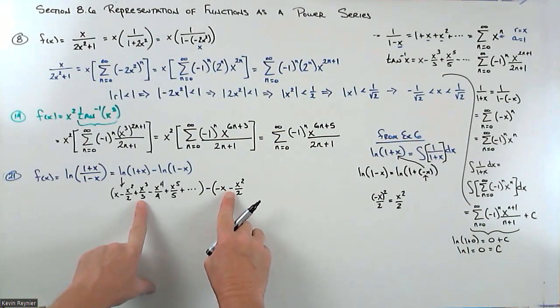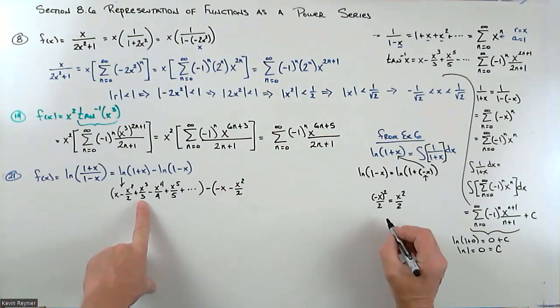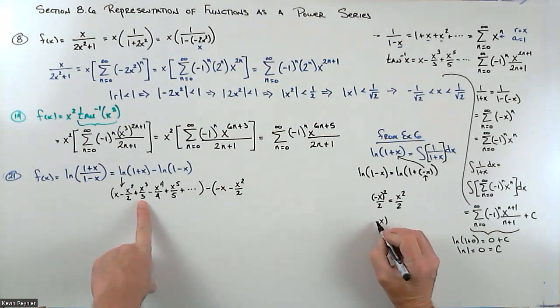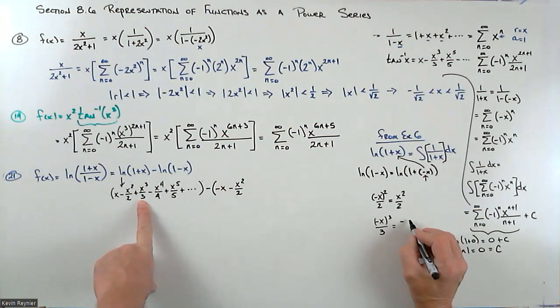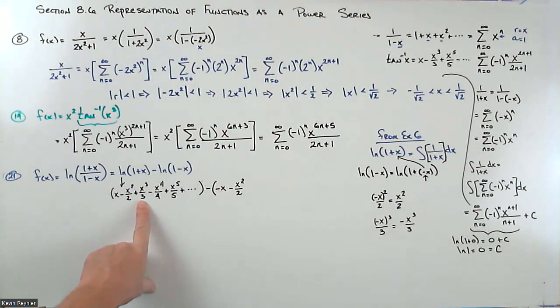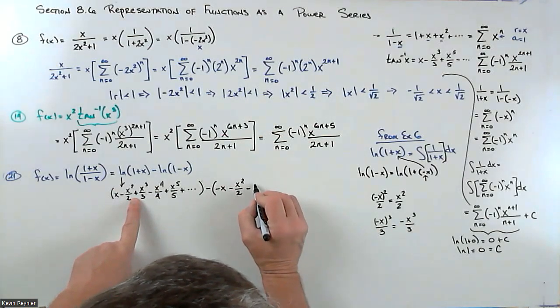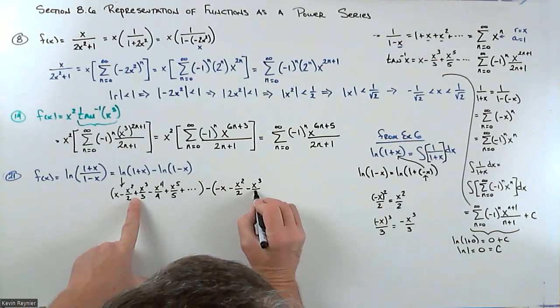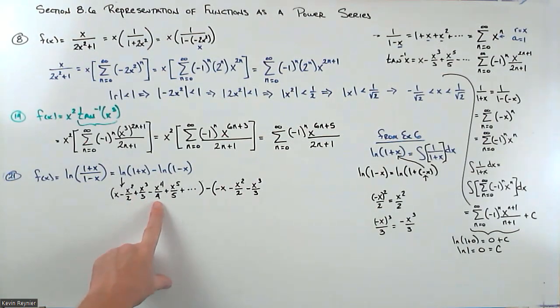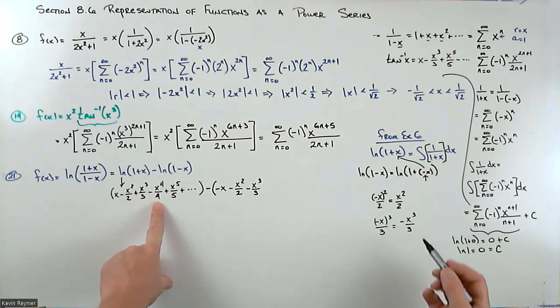Now, what happens with x cubed over 3? Well, we're going to have minus x cubed over 3, aren't we? When we cube the negative, that's going to give us minus x cubed over 3, because 3 negatives make a negative. So there's a plus in front of it in this version, but over here we have a minus, so that's going to be minus x cubed over 3. Now, there's nothing about x to the 4th that's special. It's even.